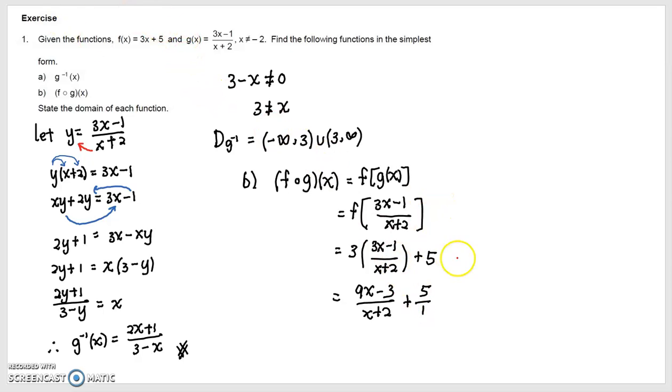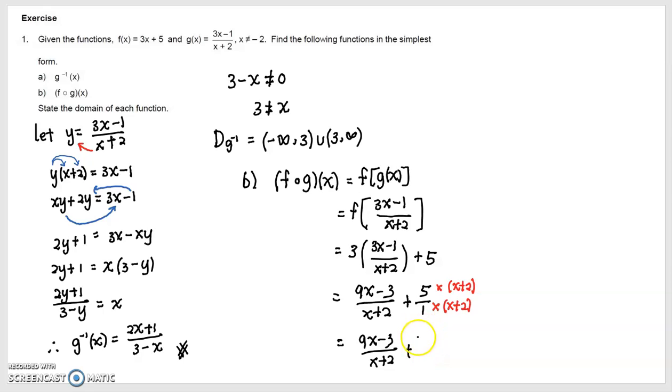Kita samakan dia punya denominator. So I have to multiply by x plus 2 over x plus 2. So from here, I will have 9x minus 3 over x plus 2 plus 5 in the bracket. So from here I can directly expand.